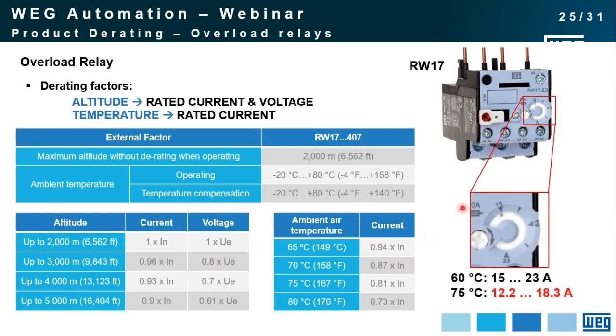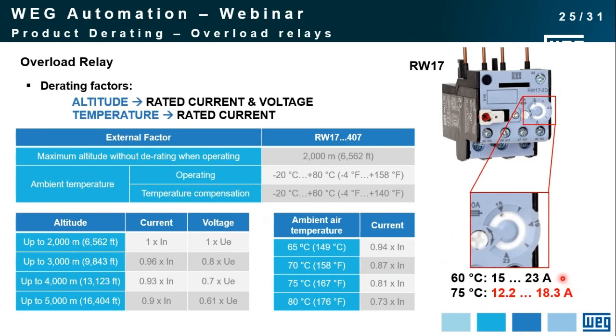But I'd like to explain something that usually creates a lot of confusion in people's minds. This is an adjustable device, so you can set the current to be protected. How do I adjust it, considering that now I have a derating in the current? The dial here shows that up to 60 degrees Celsius, because there is no derating at this temperature, you can protect a three-phase motor from 15 to 23 amps.